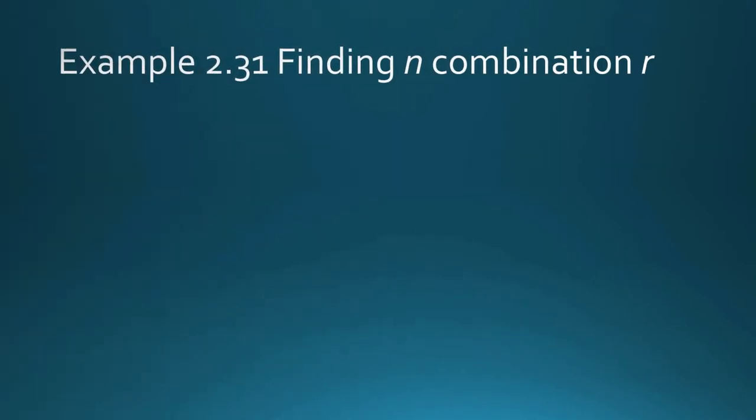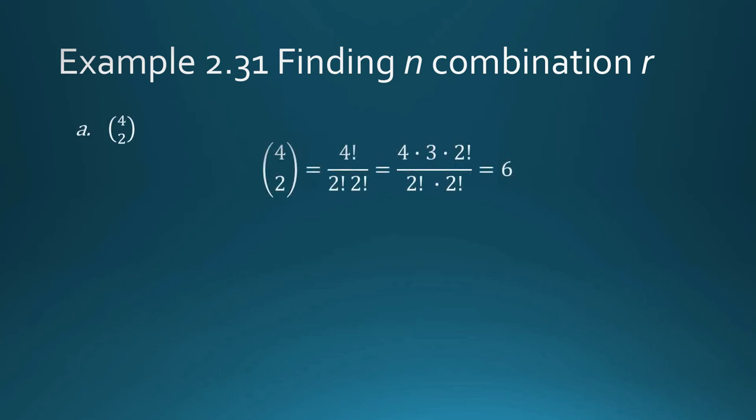Okay, so let us do some exercises. What is 4 taken 2? It's 4 factorial over 4 minus 2 factorial. And again, look at this. 4 factorial is equal to 4 times 3 times 2 times 1.